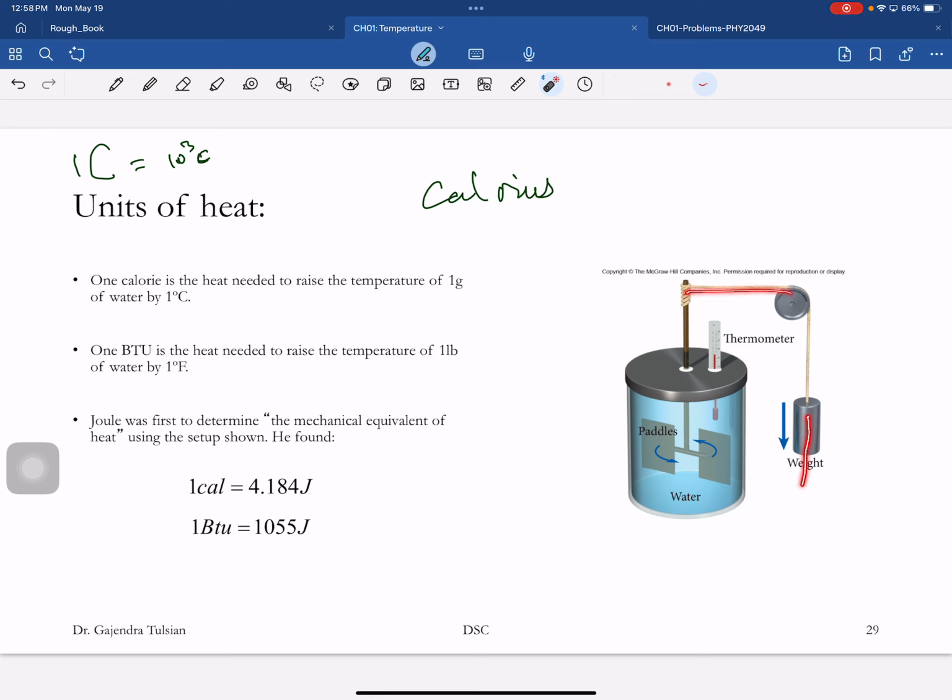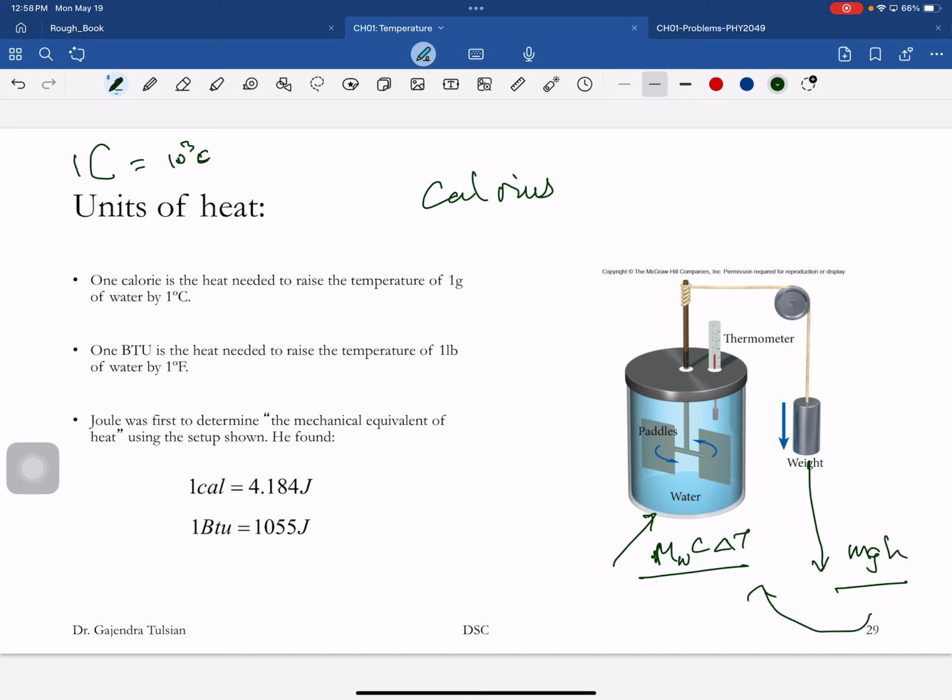When this guy falls down, he spins the paddle, which warms the water. When this falls down, he loses this much energy. And when the temperature of the water rises, the mass of water times the specific heat of water times the rise in temperature was calculated in calories, and this was in joules. Then you know the conversion. That's how we got this factor.